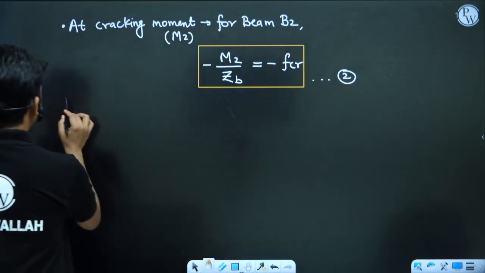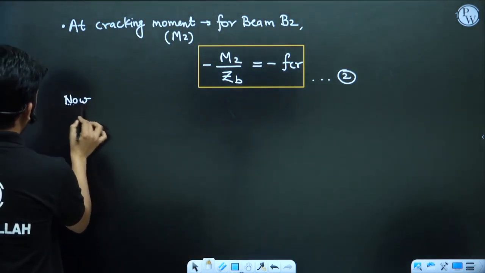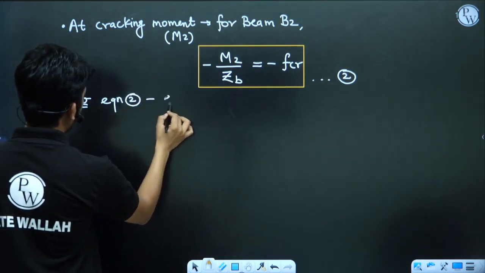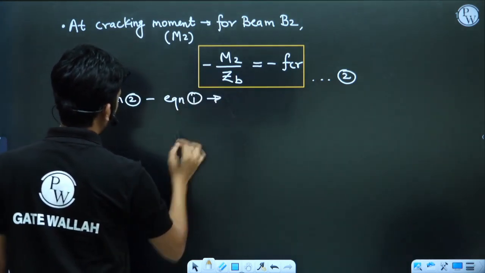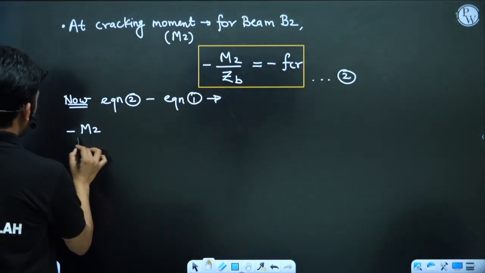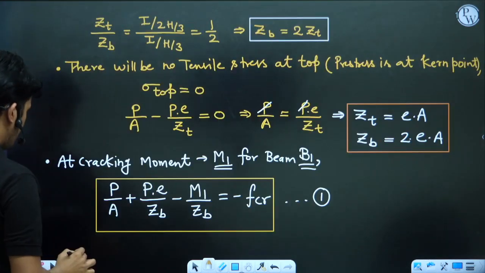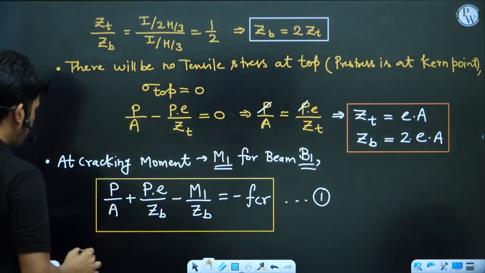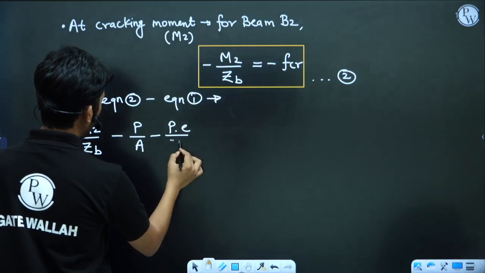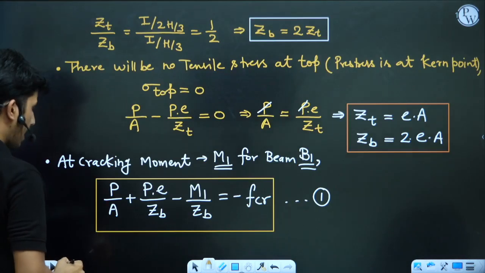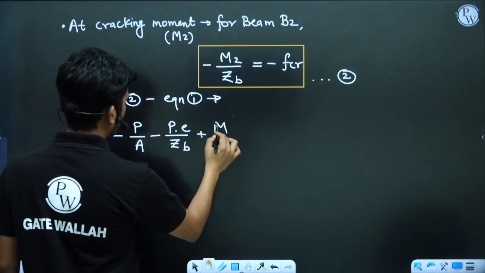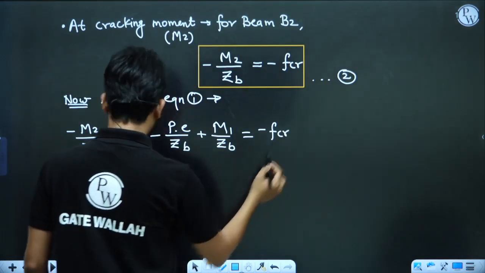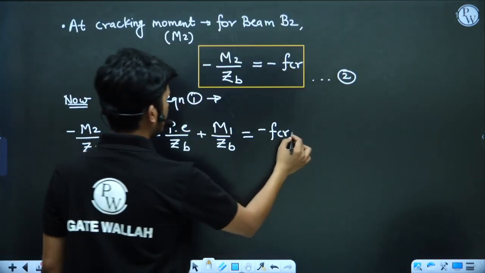So equation 2 minus equation 1: minus M2 by Z bottom, minus P by A, minus P into e by Z bottom, plus M1 by Z bottom should be equal to, here this is minus fcr, and when you do minus of minus fcr, that will be plus fcr.